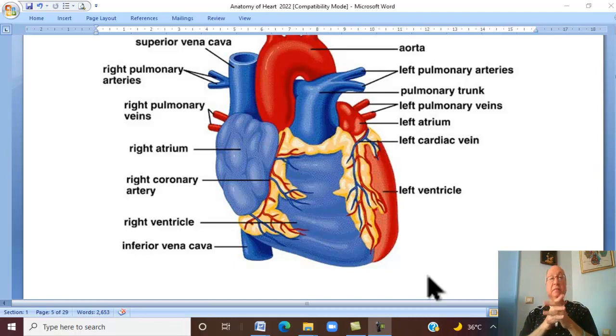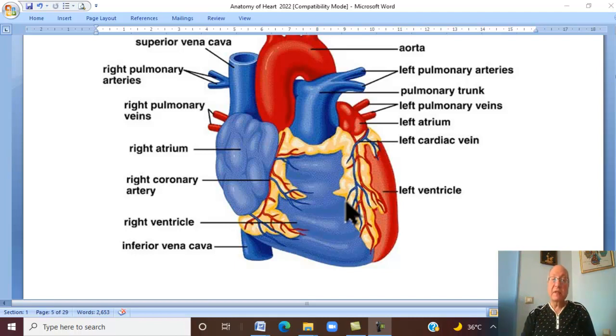The heart, beside the base and the apex, has two surfaces. Anterior surface, also called sternocostal surface, because this anterior surface is related to the sternum and the costal cartilage.